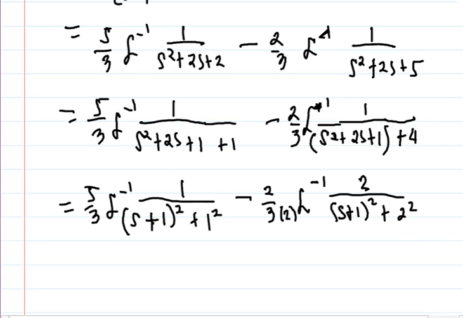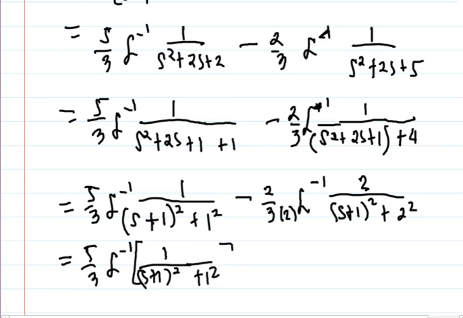So this will be equal to 5/3 inverse Laplace transform of 1 all over s plus 1 squared plus 1 squared, minus 2, makancel gali ang 2, so ang mabilin na lang is 1 na lang diretso.